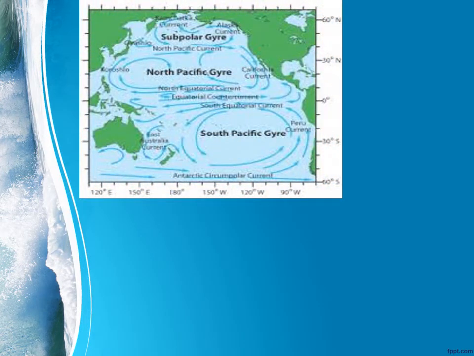Do you know these circular patterns of the movements of the ocean currents give rise to certain peculiar features in the ocean? They are called gyres.